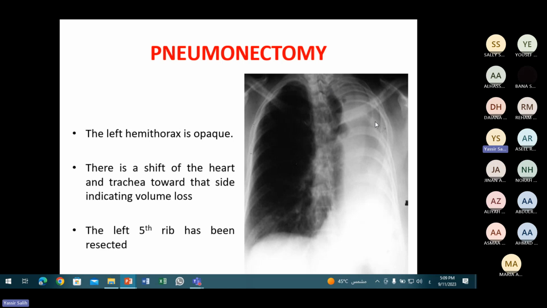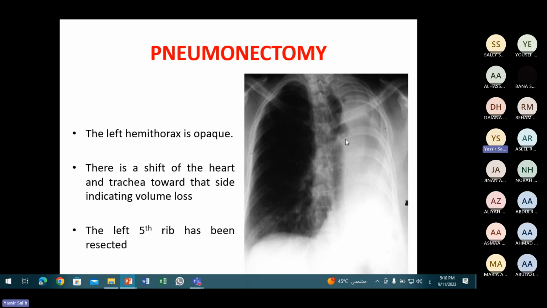And in this case also you can see the rib number 5 is absent. If you look here, this rib is resected. So there is evidence of surgery, resection. So this patient underwent pneumonectomy, removal of the lung.